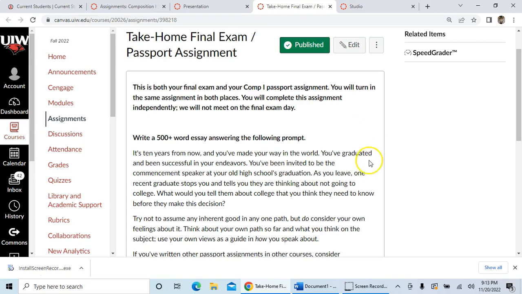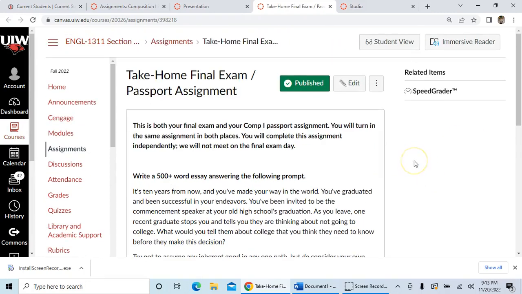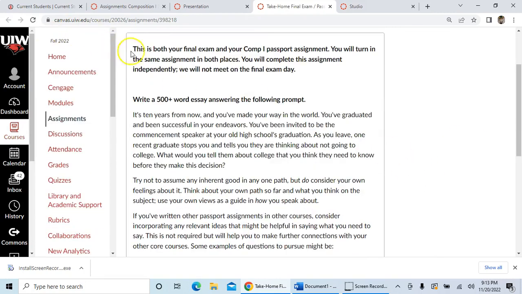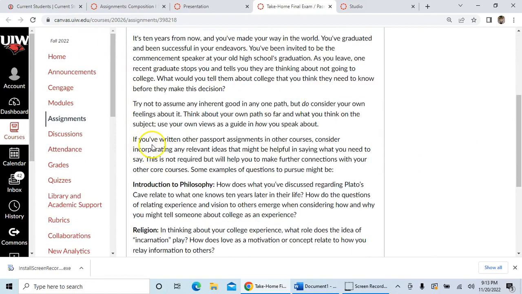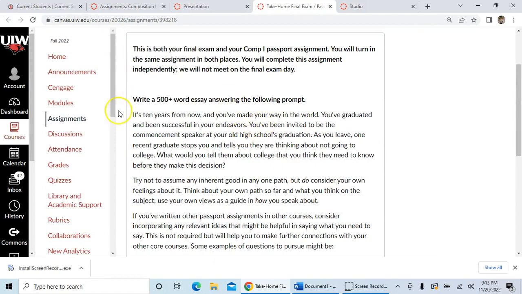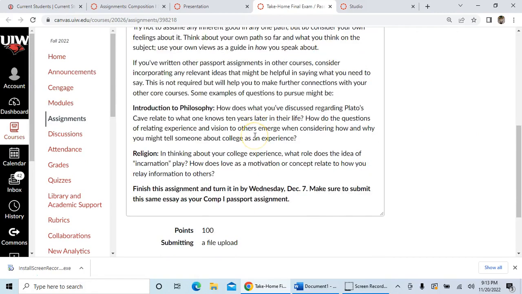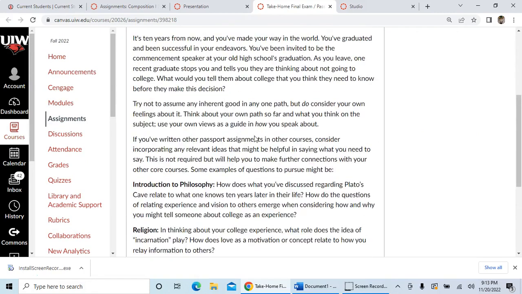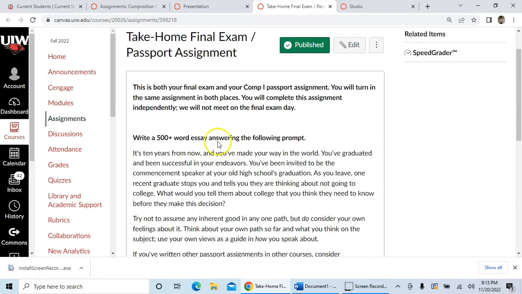So for Composition 1, your assignment is to follow this writing prompt, write a 500-plus word essay answering this prompt. You don't actually have to do a lot of research or anything, but you can connect it to some of your other core classes. And you will create a portfolio throughout your time at UIW where you collect all of these different assignments, and you have them to look at and see your progress.